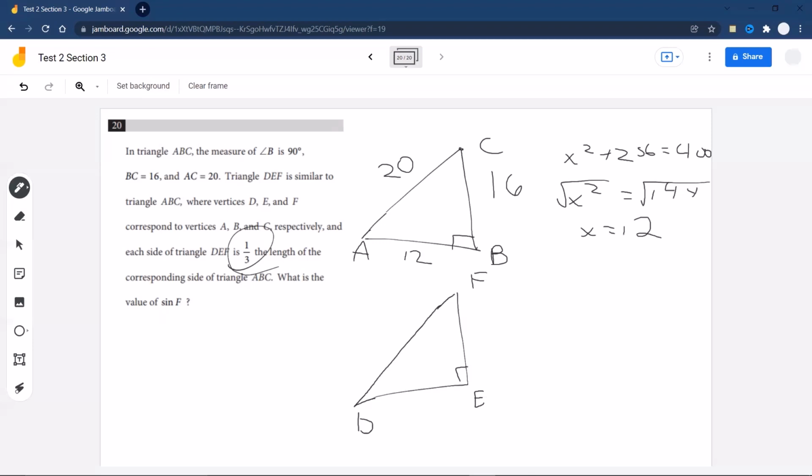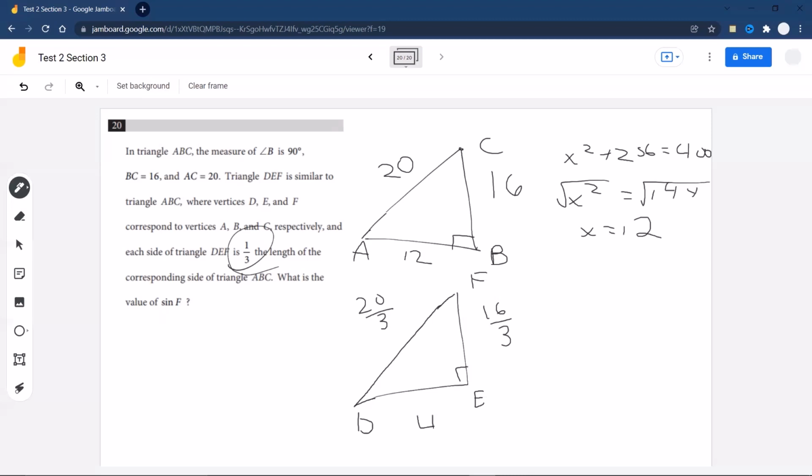So, for example, EF here is 1/3 of 16, so EF would be 16 over 3. DF is 20 over 3. There's 1/3 times the length of every other side. And then nicely, we can see that the side opposite F here, corresponding to AB, in DE is just 4 because we're dividing that by 3.